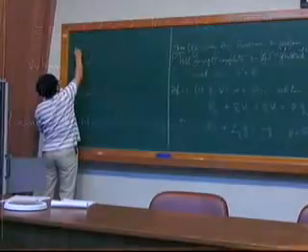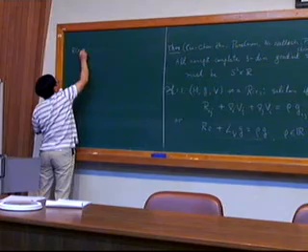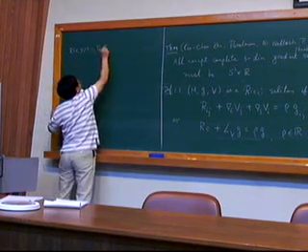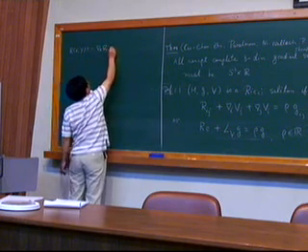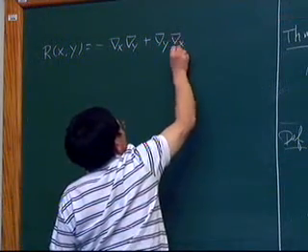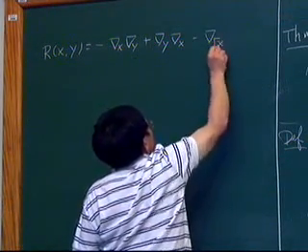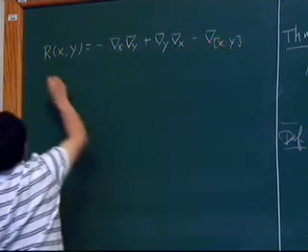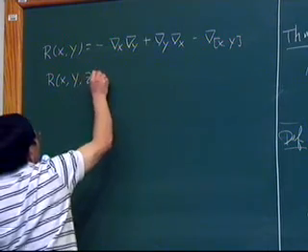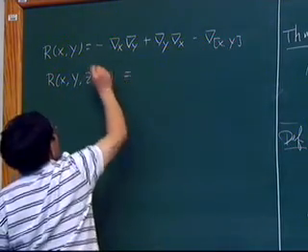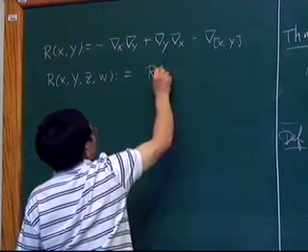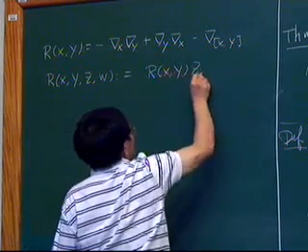So my metric is defined like this, my curvature is this, and the curvature tensor is defined with x, y, z, w.